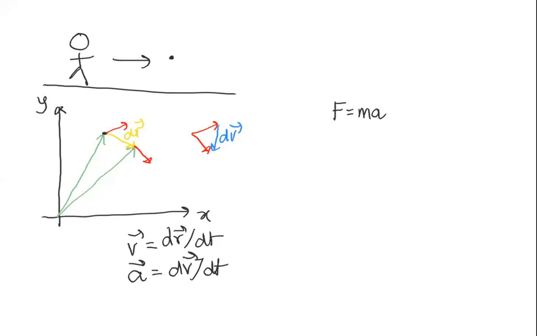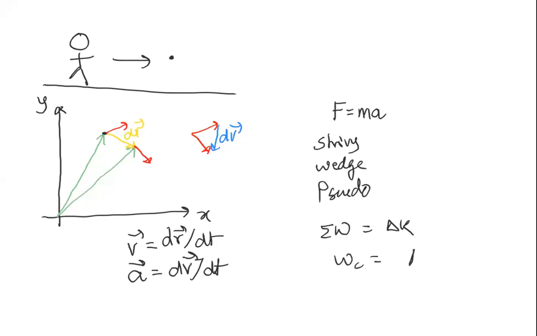So we learned the concept of string constraints, we learned the concept of wedge constraints, and we learned the concept of pseudo forces. And then we learned the concept of the work energy theorem, which was delta W is equal to delta K. And then we learned that work done by conservative forces can also be written as minus of delta U. Right?